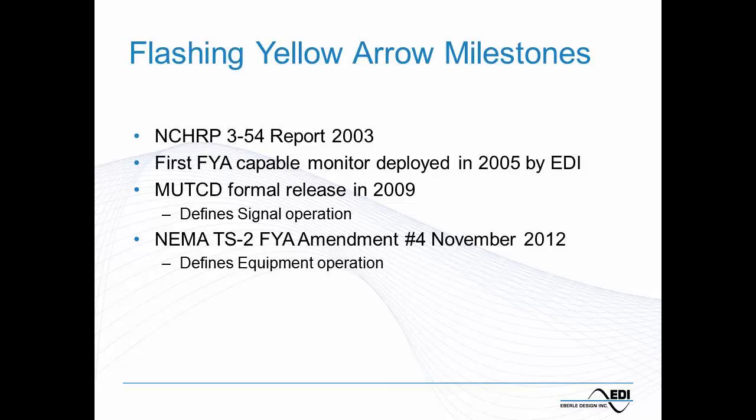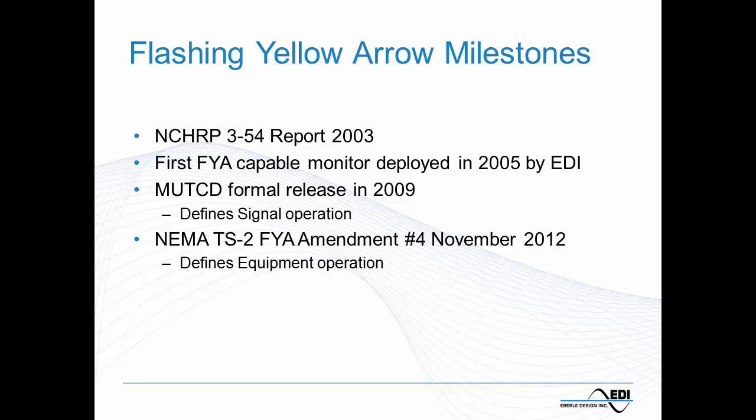So we came out with a preliminary test unit back in 2005. The point here is this has been going on for quite a few years. It may be new to you, it may be new to your agency, but there's a significant amount of experience behind both the MUTCD standard and the resulting NEMA standard.